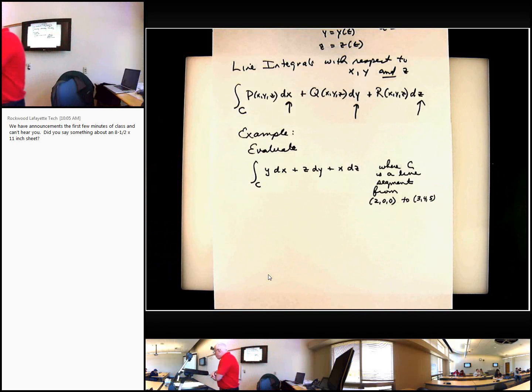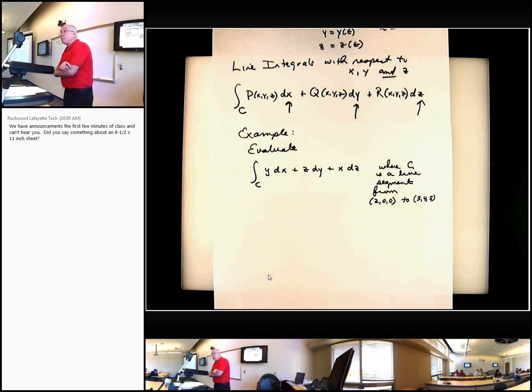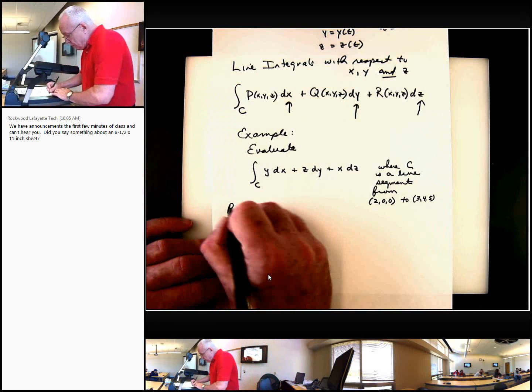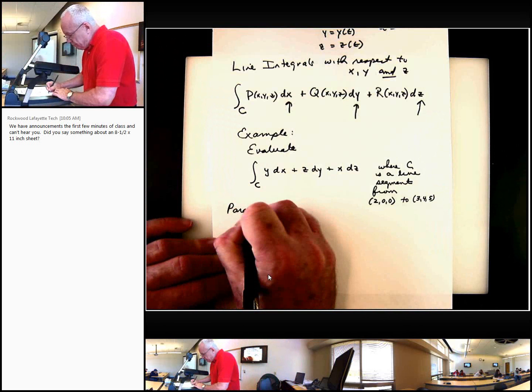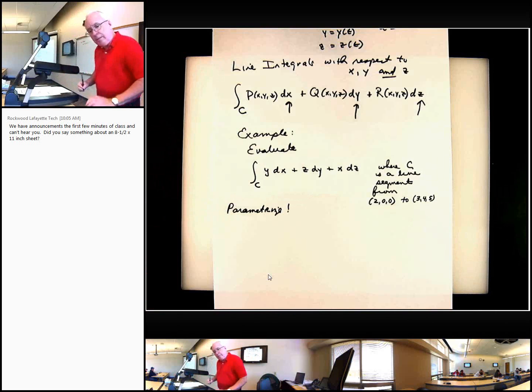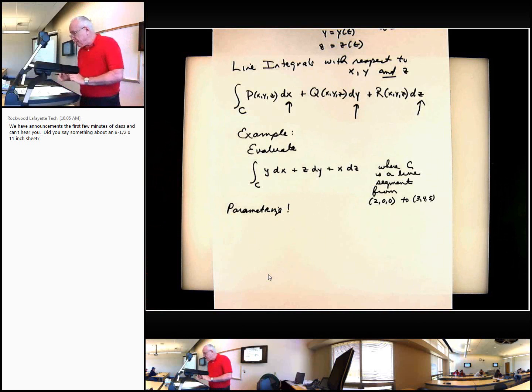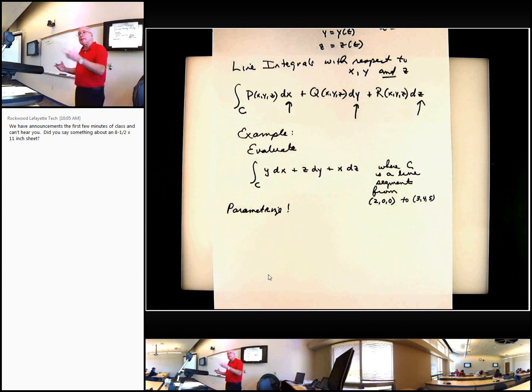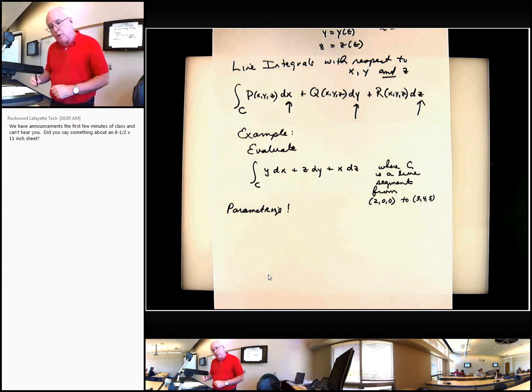So always the first thing we need to do is parameterize the curve that we're going to be integrating over. So parameterize. Now, this is very similar to the two-dimensional, except now we have a third component.